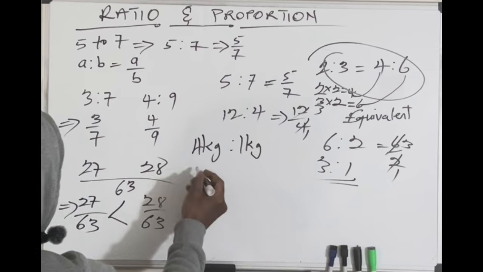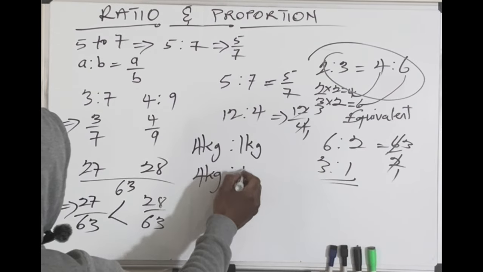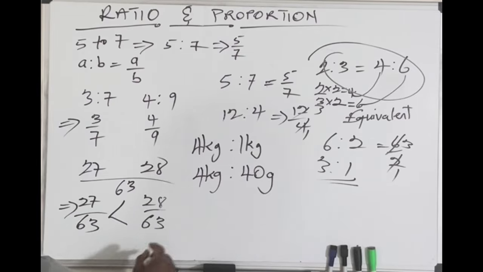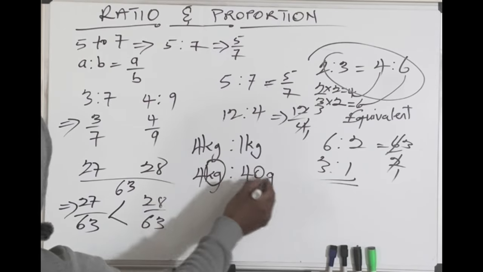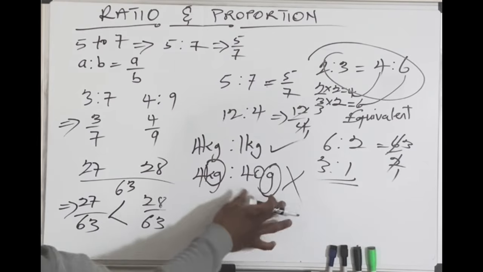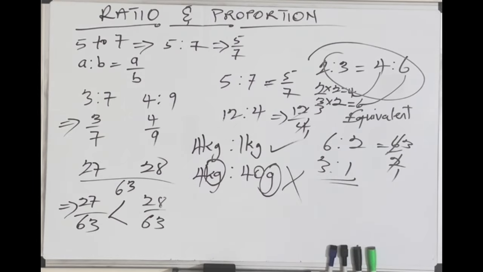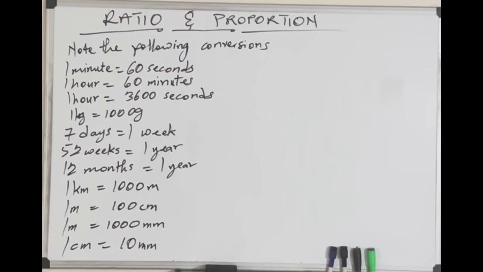But you can't work this out, let's say 4 kg and 40 grams. No, because this is kg and g, so you can't work them out. You can't work out 4 kg to 40 g because of the differences in units. Okay, all right. So we need to study these conversions.